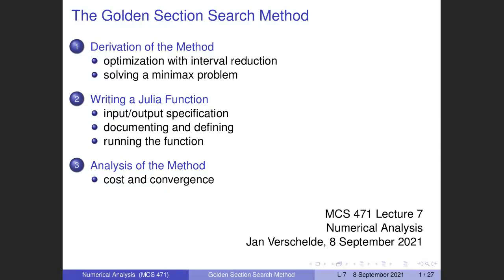Welcome to lecture 7 of MCS 471 of numerical analysis. We will consider the golden section search method, which is a method to find an optimum inside a certain interval.